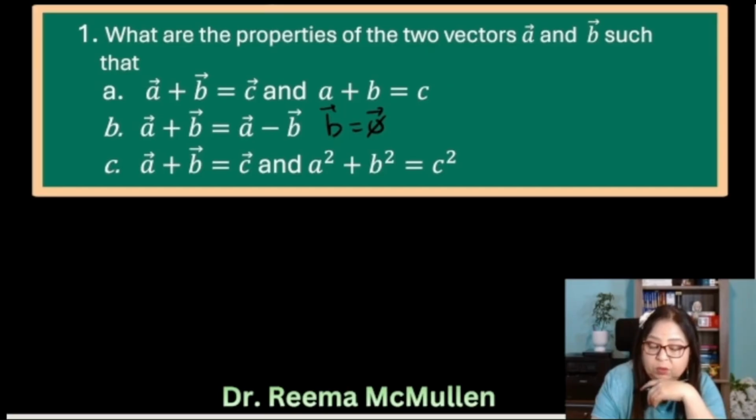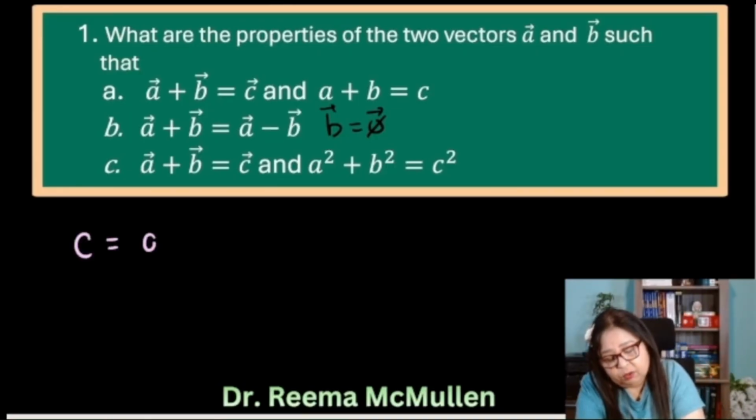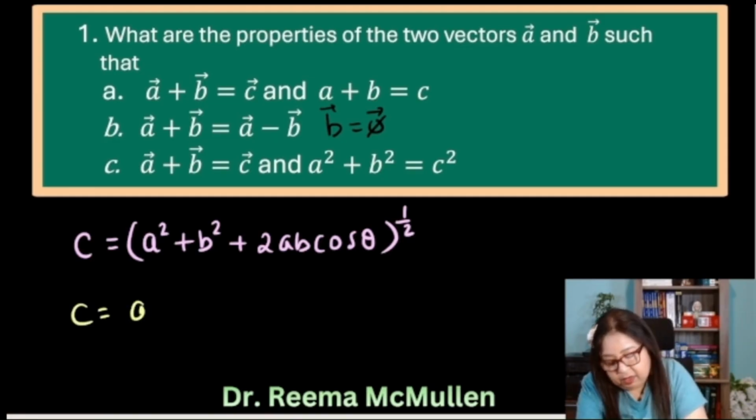All right, part C. A plus B is equal to C in terms of vectors, and A squared plus B squared equals C squared. So we just saw that C is equal to the square root of A squared plus B squared plus 2ab cosine theta. We want C squared to be equal to A squared plus B squared.